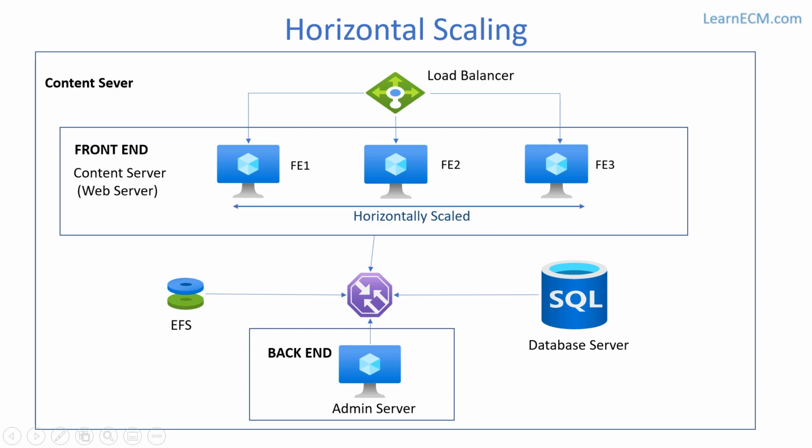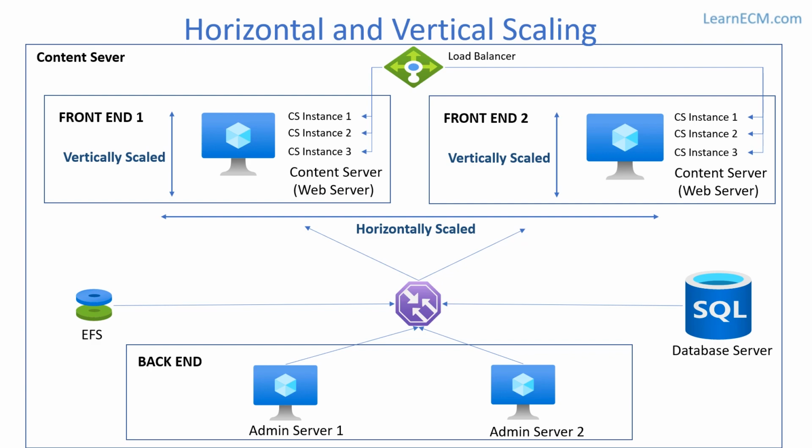So this will provide both an increase in capacity as well as high availability. This is the normal scaling that we use in our enterprise applications, that is, horizontal scaling of the front-end servers to handle the load. Then we have horizontal and vertical scaling together.